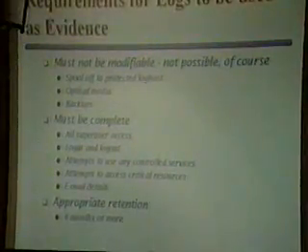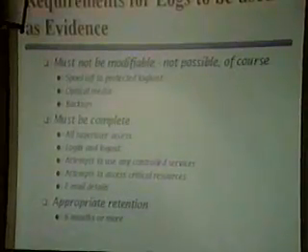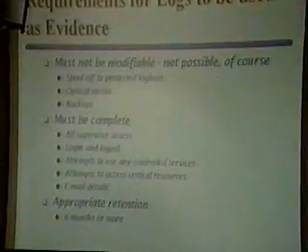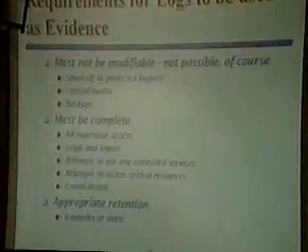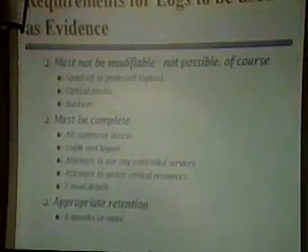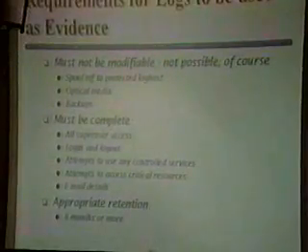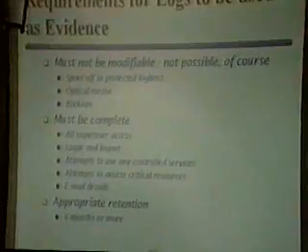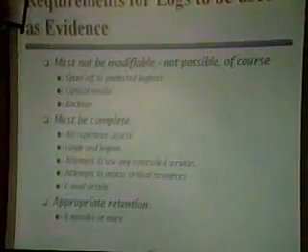The logs need to be complete too, and complete in my mind is we have to cover all super user access, log in and log out times, attempts to use controlled services, that's an NT thing, attempts to access critical resources, and I like to cover email details as well. That makes big logs. And there are organizations who do not want to log email details because they don't want them to be subject to discovery.